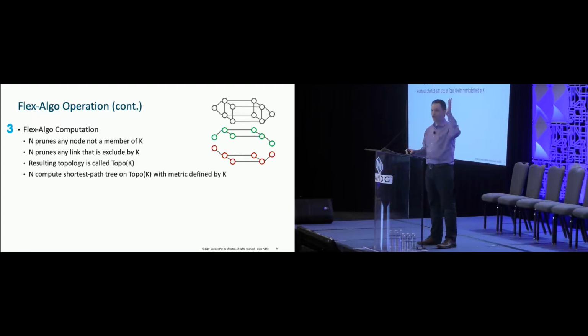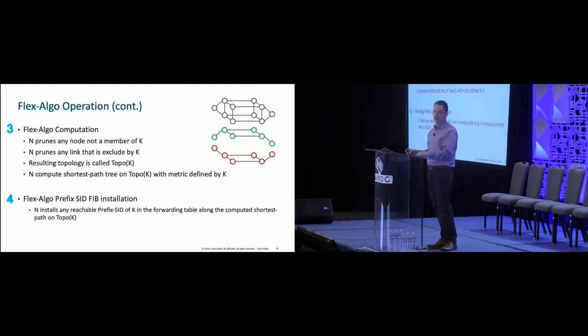He will remove any node that is not in FlexAlgo K. He will prune any node that is being excluded from FlexAlgo K, and the result is what we call the topology of K. And this is the topology that I use to compute my Dijkstra for any destinations that are in the topology of K, according to the metric of K. And you decide what's going to be the metric of K: IGP, TE, or delay.